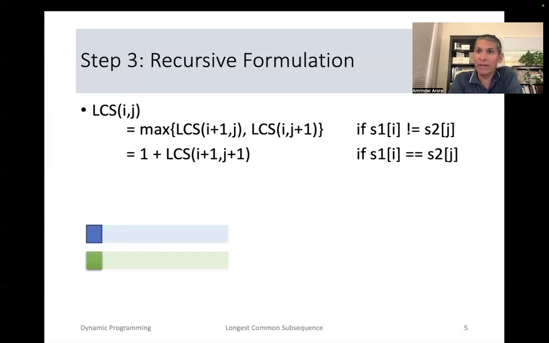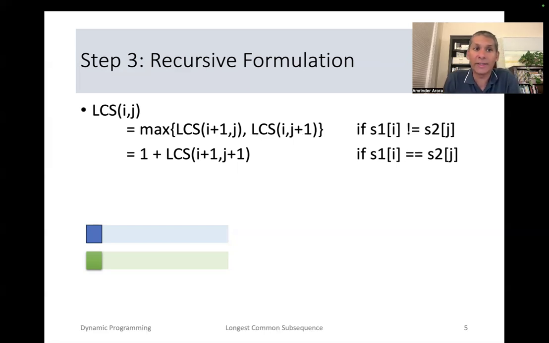As is common, many times we focus on the recursive formulation first before we talk about optimality. So let's talk about step 3 first before step 2. You can go in any order, but sometimes it's more interesting to talk about recursive formulation right after notation. So if you have LCS(I, J), as you can notice, we have dropped S1 and S2 from this notation.